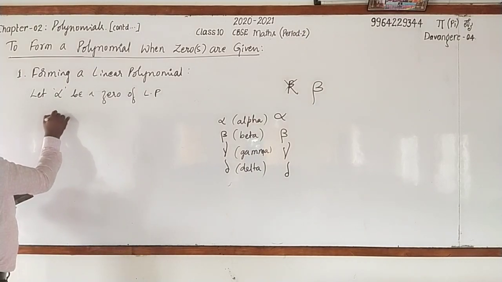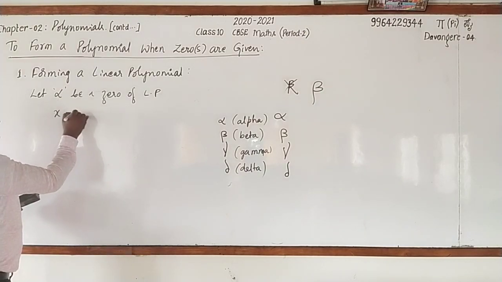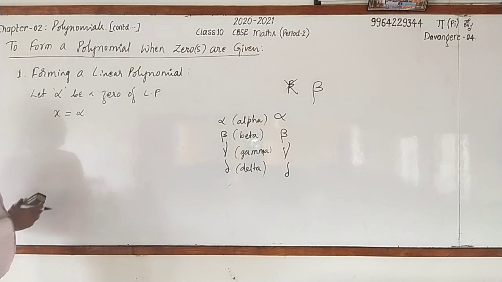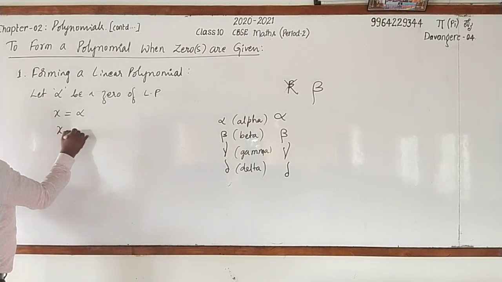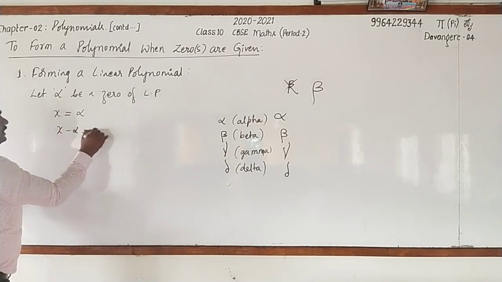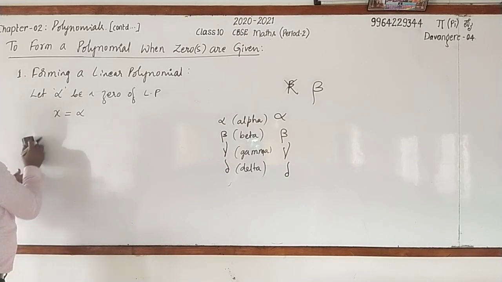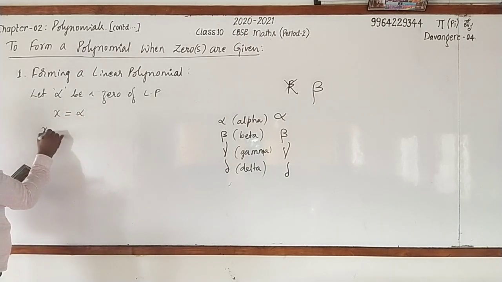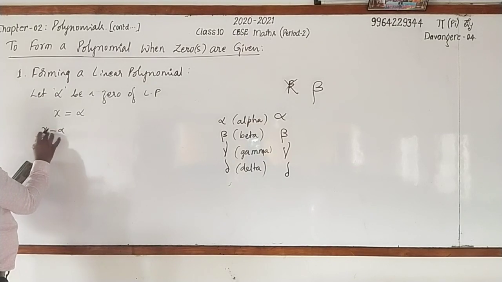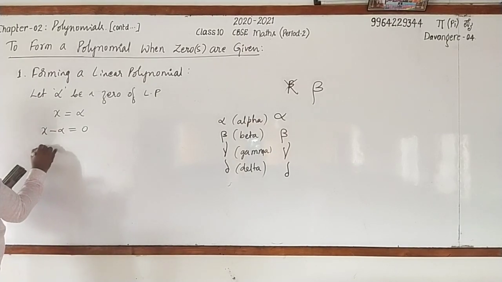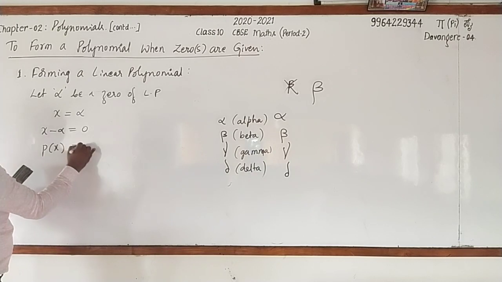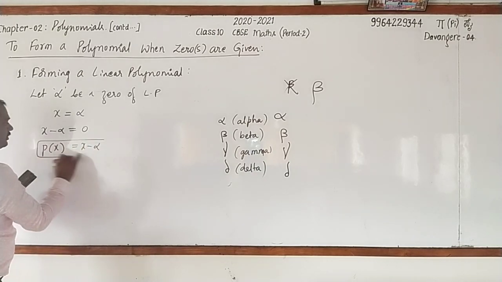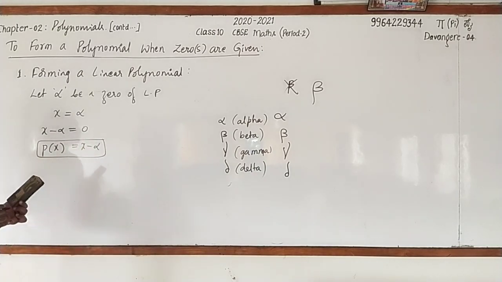Then I can take this as x equal to alpha. Then x minus alpha is equal to 0. On transferring alpha to the left hand side, it becomes minus. x minus alpha equal to 0. We want a polynomial. P of x equal to x minus alpha. Hope that you have understood.